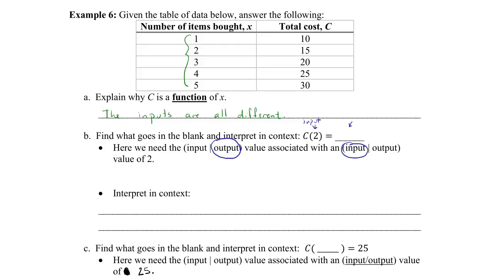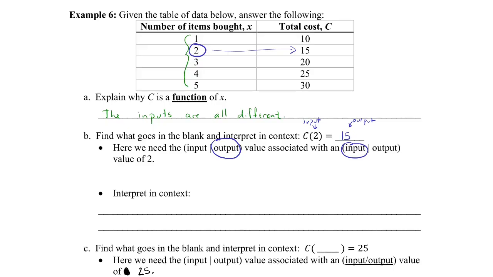And then the result is always the output. To do this in a table, well, we find the 2 among the inputs, and then we see what output that's associated with, which in this case is 15.